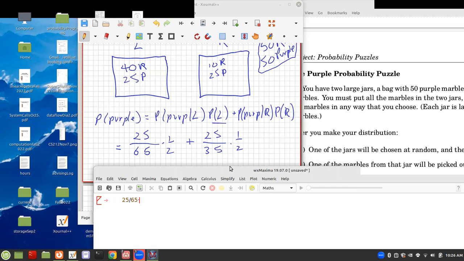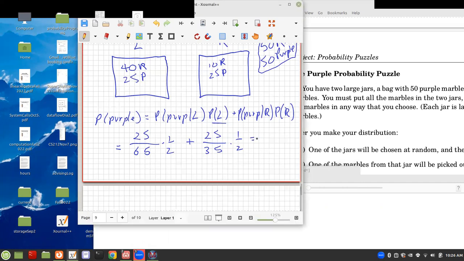There's 25 divided by 65 times 1/2 plus 25 by 35 times 1/2, and that's 50 over 91.